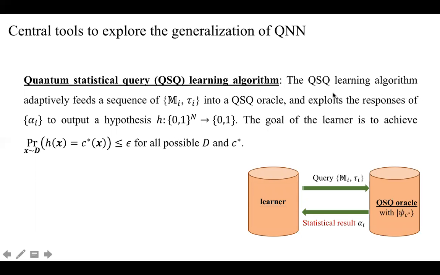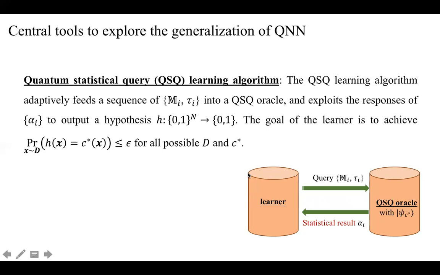The QSQ learning algorithm adaptively feeds a sequence of queries M_i, tau_i into a QSQ oracle and exploits the responses alpha_i to output a hypothesis H. The goal of the learner is to achieve a good generalization error. An illustration is shown in this figure.